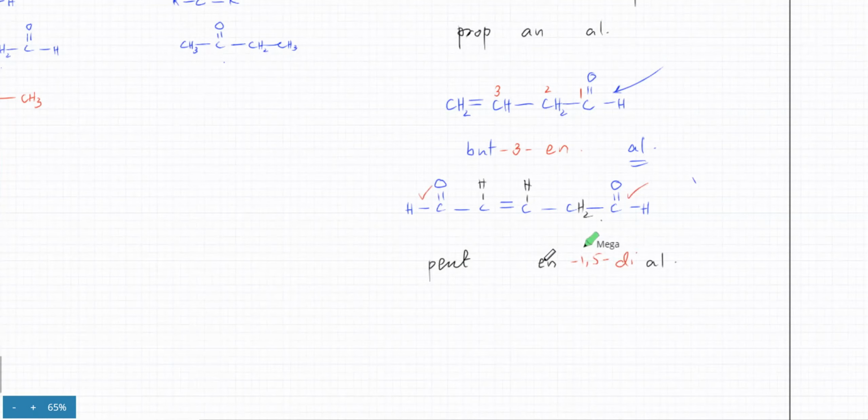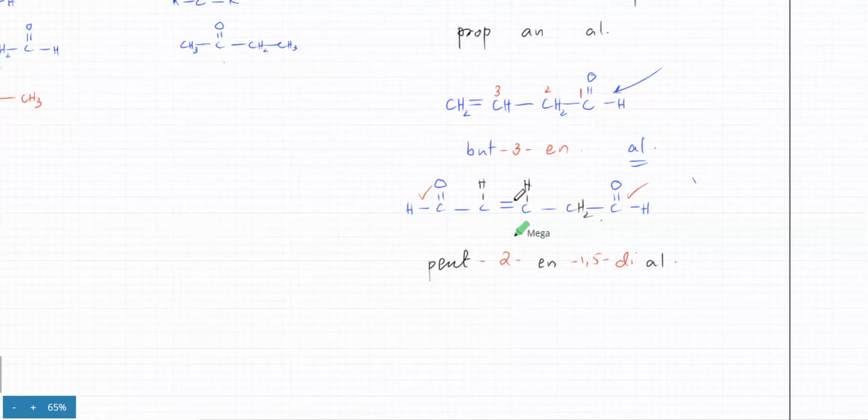And the EN is on the second one from the left. So it's pent-2-en-1,5-dial. And the 1,5 is not really necessary. Even if you don't mention it, the naming is still fine. If we started counting from the right, the only thing left in the numbering is that you have to give the double bond the smaller number.